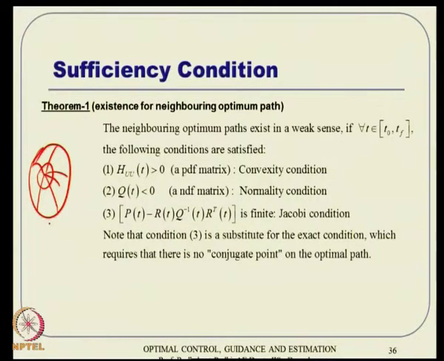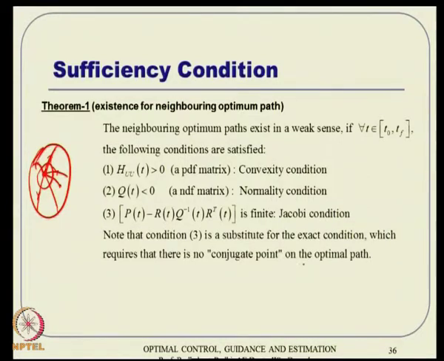Now at the North Pole, wherever you go in any direction, it turns out to be the equal distance, if you talk about a minimum length path. So, that means there is no clarity on which direction to go after the North Pole. There are infinitely many paths where you can go the same distance and end up with the same value of distance travelled. That is like a conjugate point, and this Jacobi condition tells that there cannot be a conjugate point on the way.